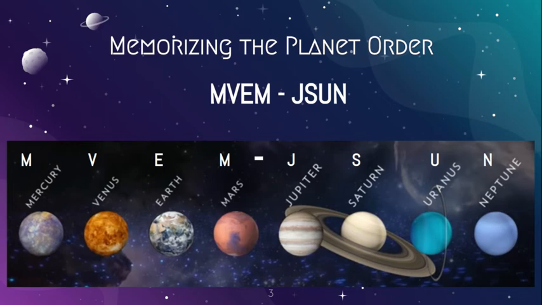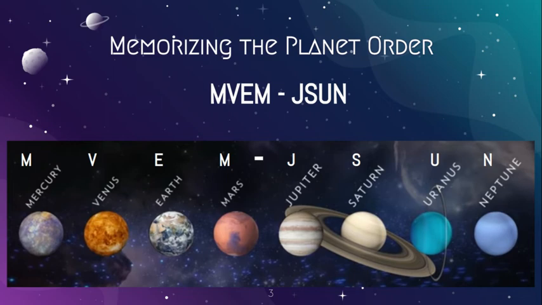I like to memorize them based on an acronym or a mnemonic device, and I think it sounds like alien talk, and it is MVEMJSUN. MVEMJSUN. And if you want to memorize the order of the planets from the sun, if you memorize this mnemonic device, this acronym, you will have it on lockdown.